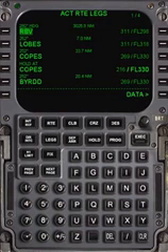Guidance. Given the flight plan and the aircraft's position, the FMS calculates the course to follow. The pilot can follow this course manually, much like following a VOR radial, or the autopilot can be set to follow the course.